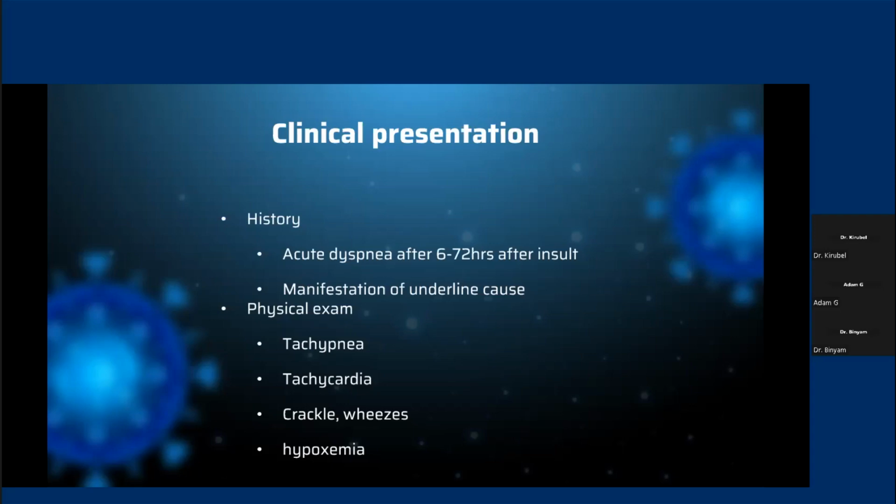If it's a burn, you will see manifestations of that. On physical examination, the patient will have tachypnea, tachycardia. On chest examination, you will see bilateral crackles and sometimes wheeze, and hypoxia for sure. The patient will have these issues on top of the underlying cause of the ARDS, as we discussed in the history part of this slide.